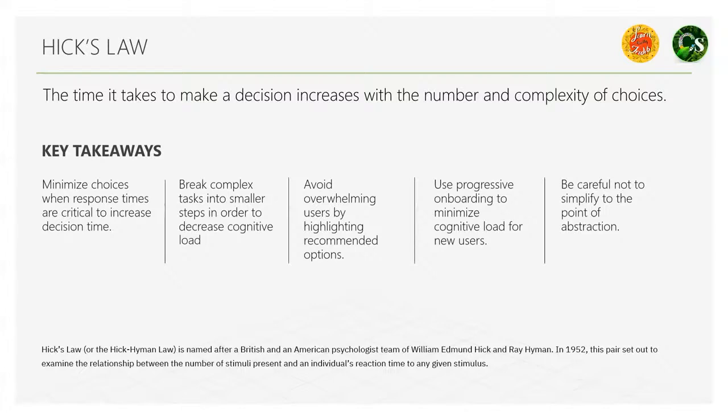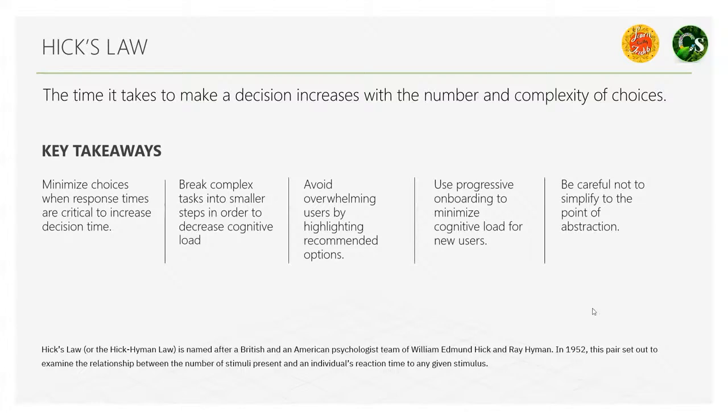Hick's law states that the time it takes to make a decision increases with the number and the complexity of choices. Very simply put, if you have too many complex choices, obviously your decision time will increase.